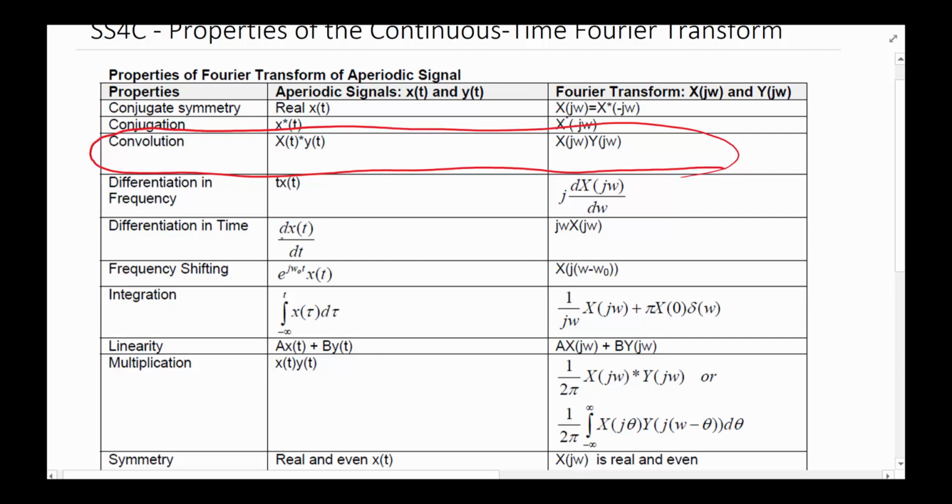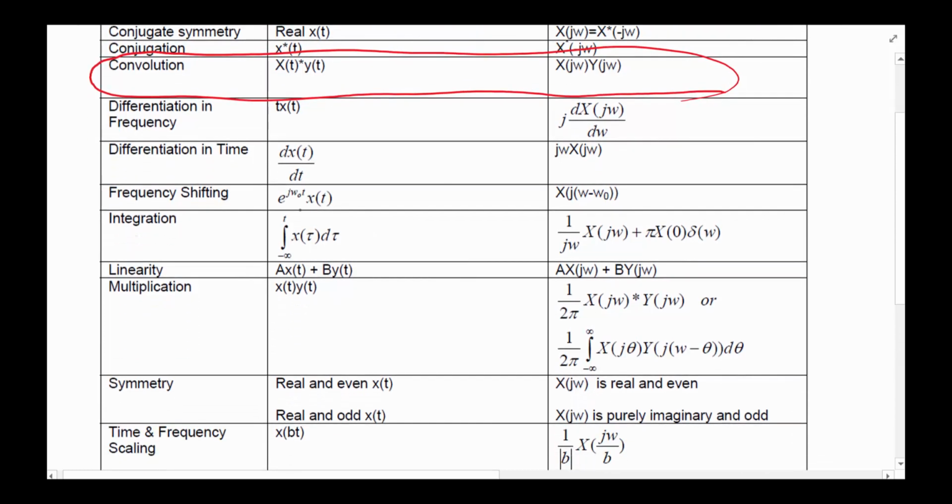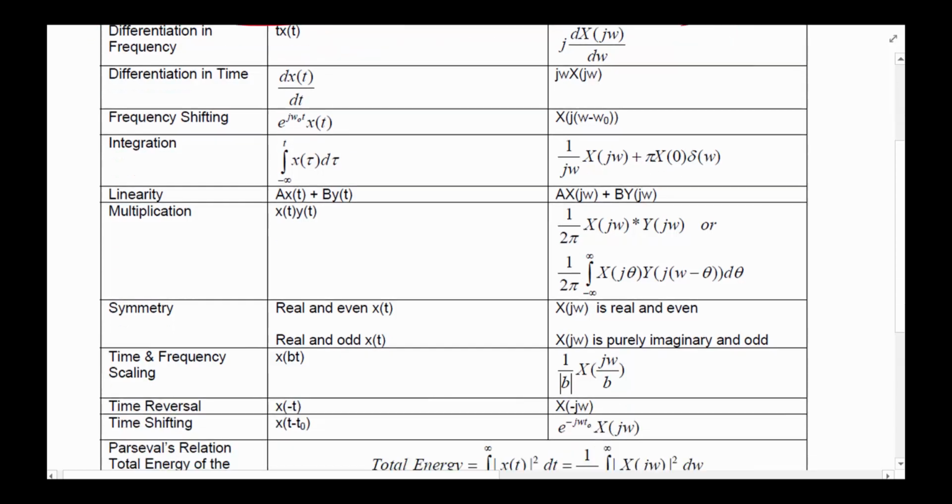For example, if I have a derivative of x of t in the time domain, in the other domain it would be s or j omega times x of j omega. I can shift in one domain, which multiplies the other domain by e to the j omega. And the integral becomes a division. You have some constants you have to deal with.